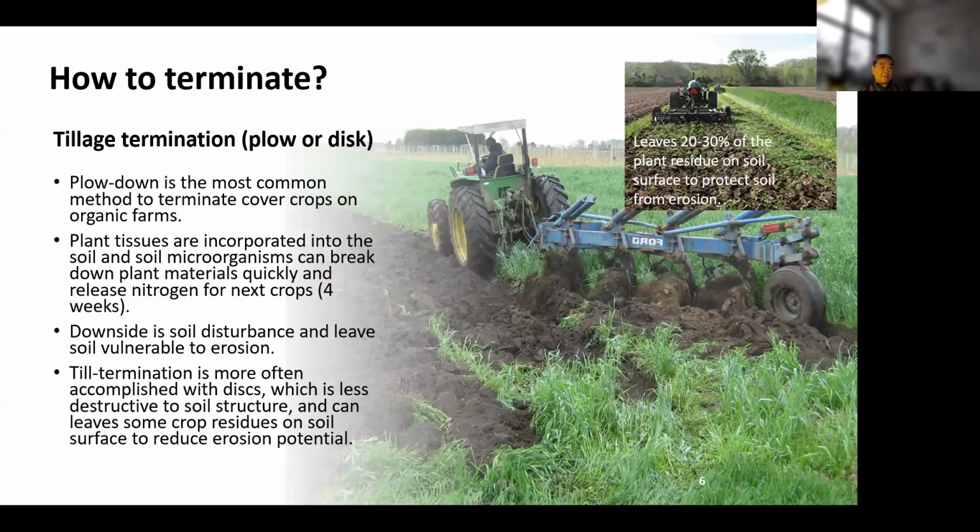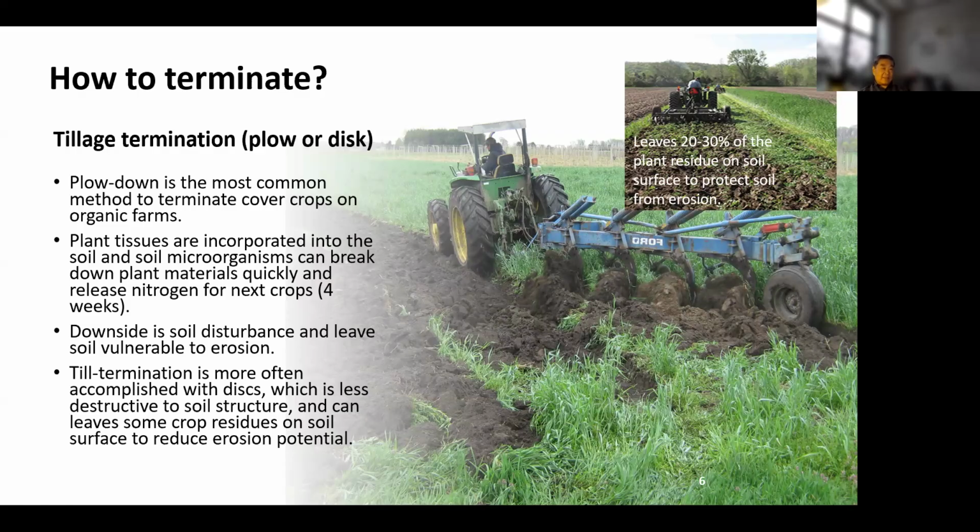is a disc. Tillage termination is more often accomplished with discs, which is less destructive to the soil structure, because it only disturbs the soil that much compared to the plow, which basically turns over the soil.